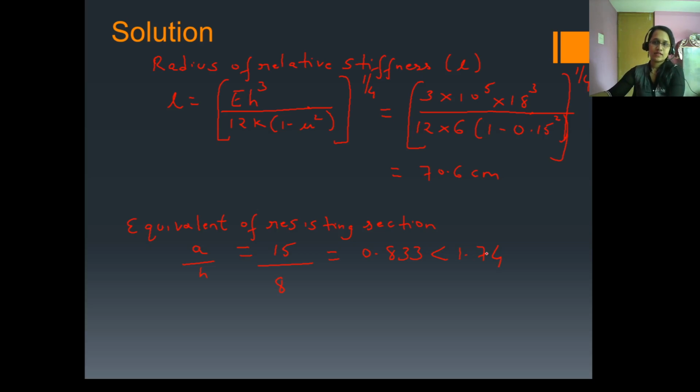So this is less than 1.74, so this condition will be b equals square root of 1.6 a square plus h square minus 0.675 h.